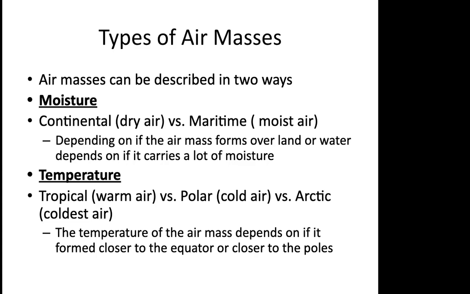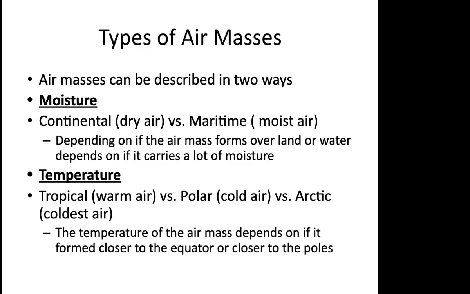So depending on if the air mass forms over land or water, depends on if it carries a lot of moisture. So we've already talked about over land and over water. So if it's over water, it's going to be more moist, right, than it would be if it's over land.